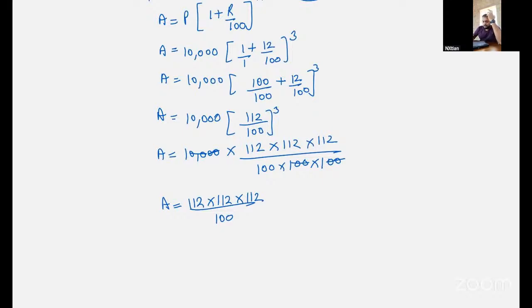So this is the power of abacus. What was that? 14 lakh 4,090.